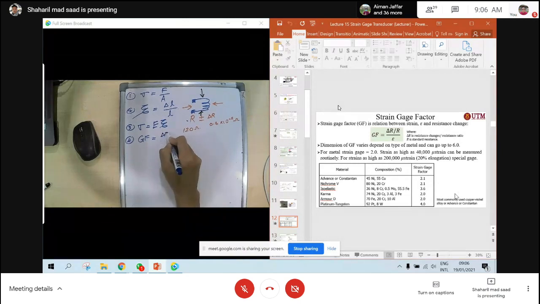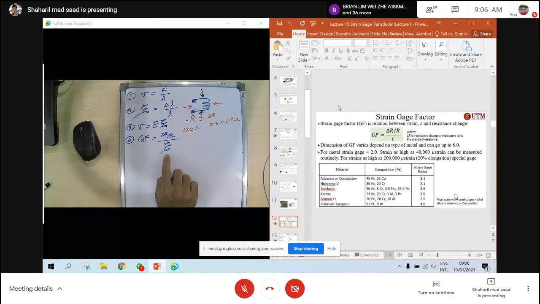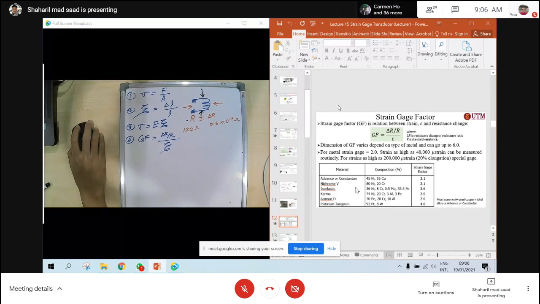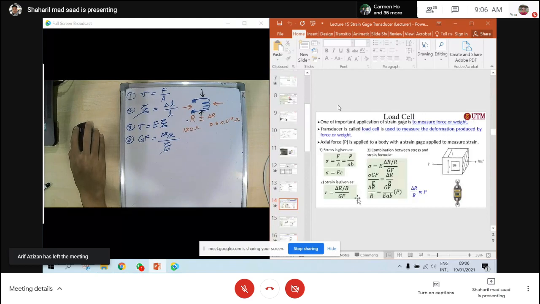So the formula gives you delta R over R divided by the strain. So the gauge factor is determined by delta R over R over the strain. There are different materials for the strain gauge.